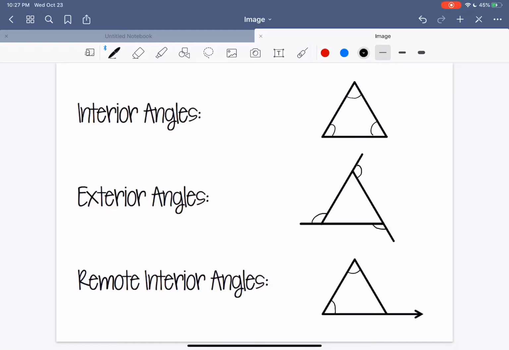And Mr. Campbell talked about how when you have a remote for a TV or something of that nature, you're wanting to use it to access something that is out of your initial reach. So this remote interior angle is going to be the 2 angles that are furthest away from this angle right here. All right. Give you a second to write those down.